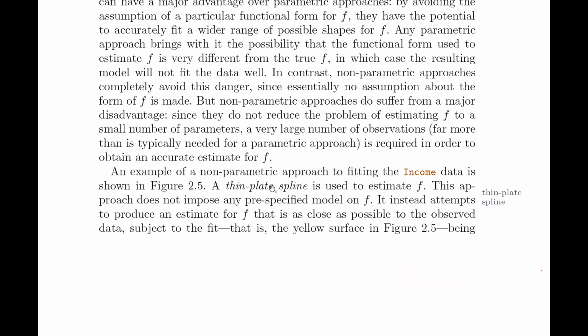A thin plate spline is used to estimate f. This approach has not imposed any pre-specified model of f. It instead attempts to produce an estimate for f that is as close as possible to the observed data, subject to the fit.